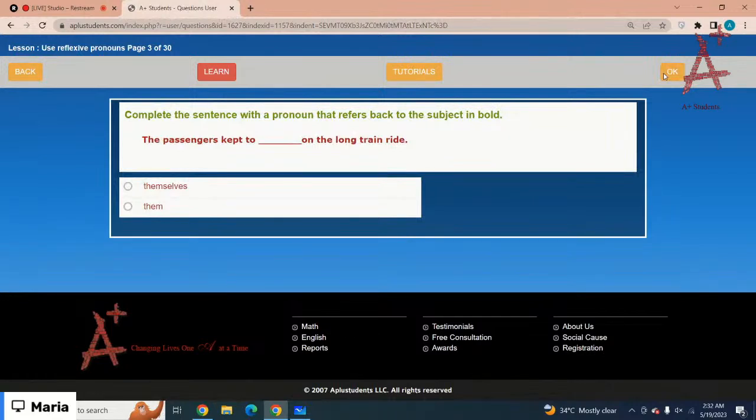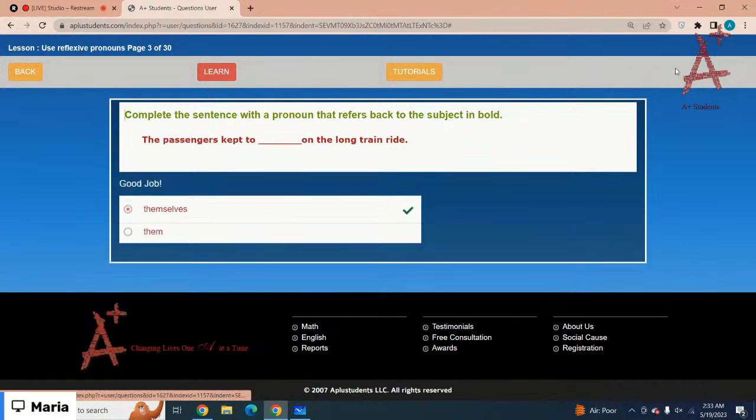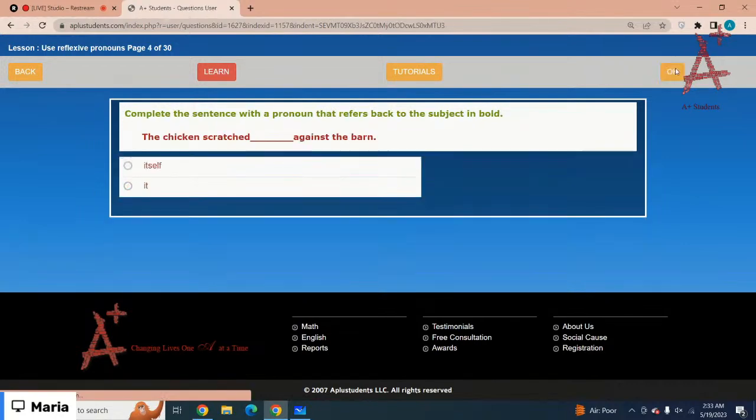The passengers kept to themselves on the long train ride.